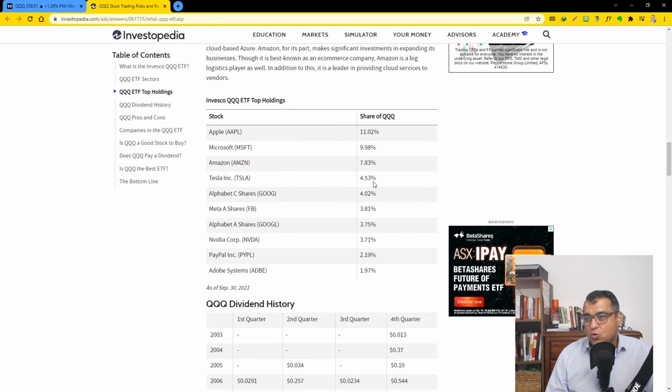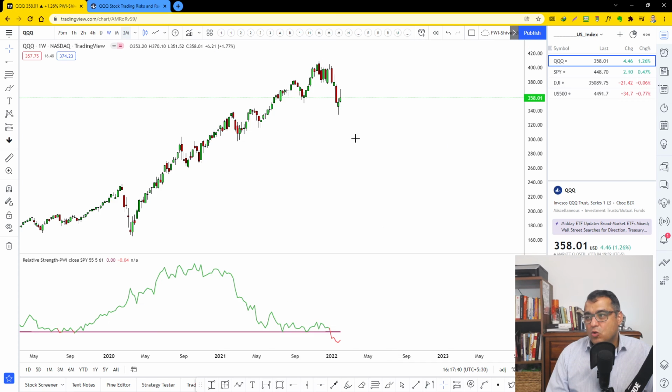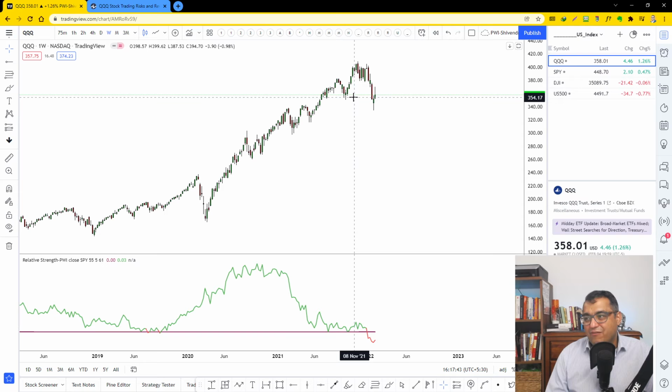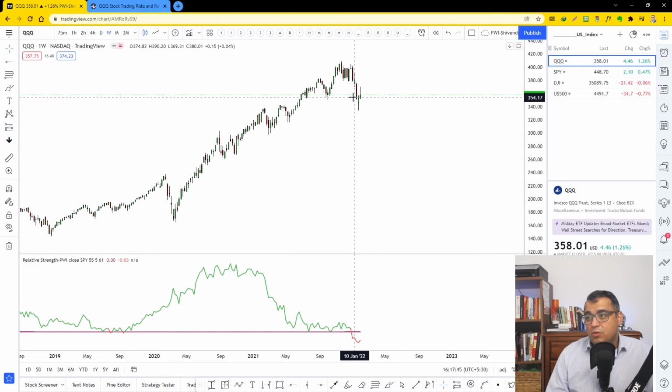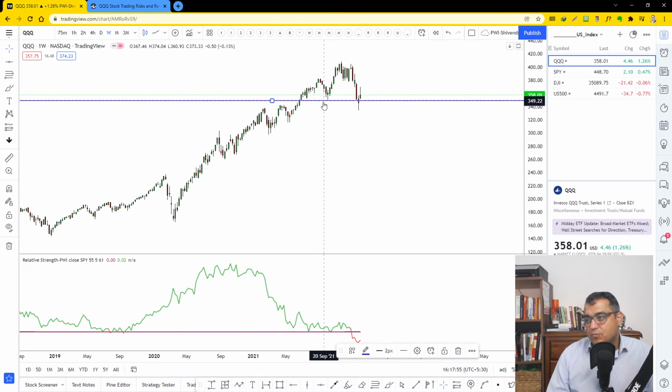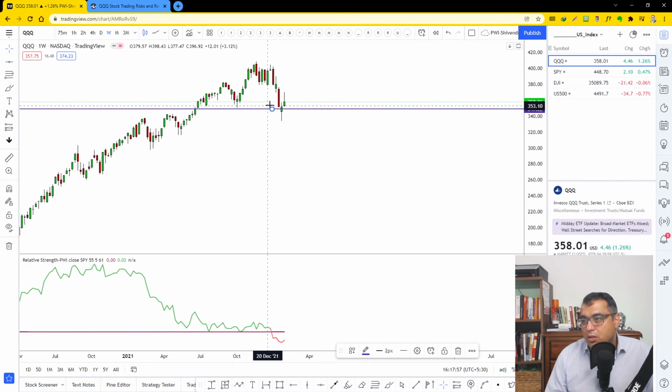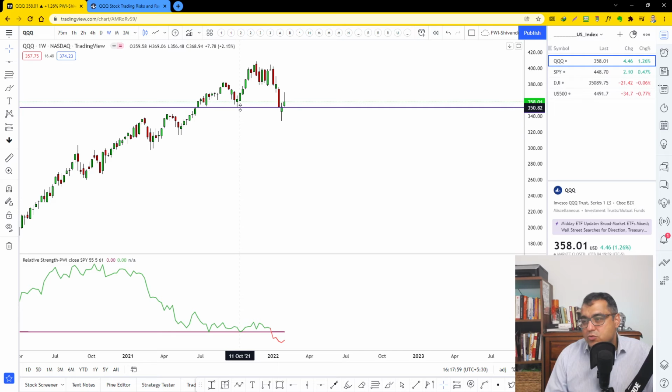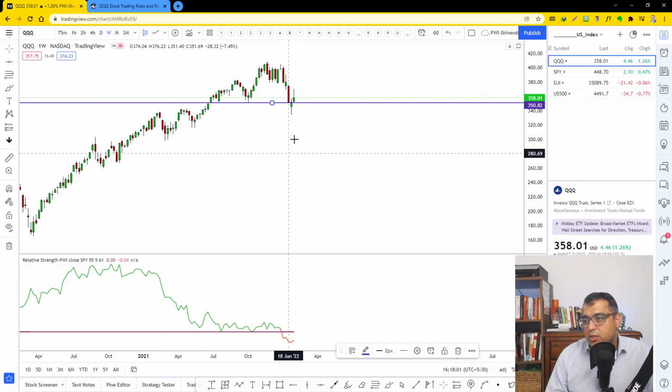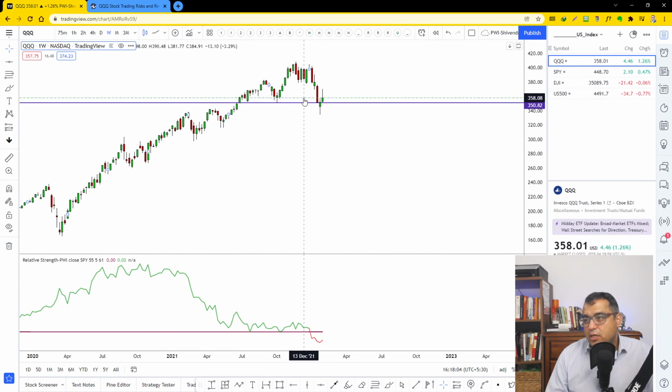So let's look at triple Q also, because I think it has broken down below. I think it is also looking weak, because it had a bounce. Let's look at this. This was the swing low, so it touched that, and I think that's fine because it didn't close below that.